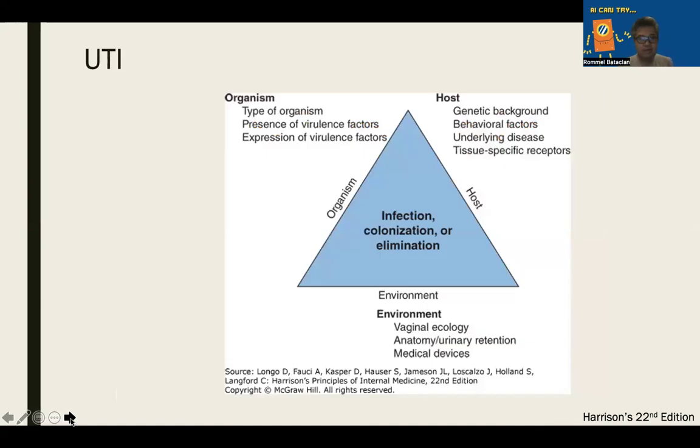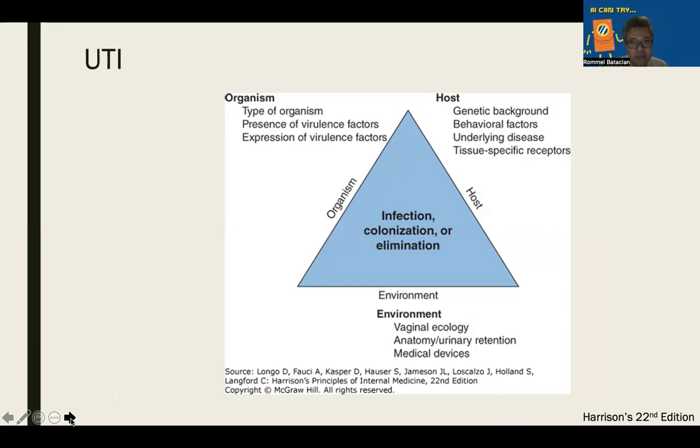So urinary tract infection, again, a very common type of infection locally. In the extremes of ages, it's much more common in males. For the neonates or infant male, it's much more common because the genitalia is still relatively underdeveloped.